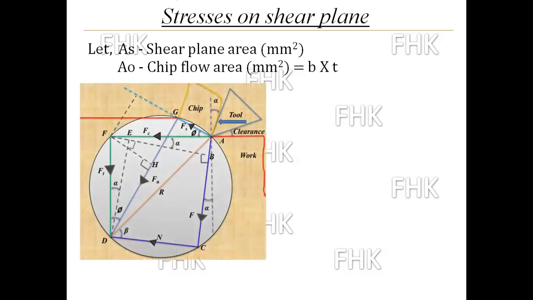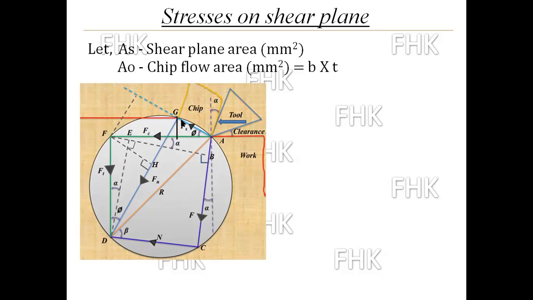In this figure you can see this is the shear plane on which force Fs is acting. For understanding the shear stresses developed on that plane, I will do one construction.